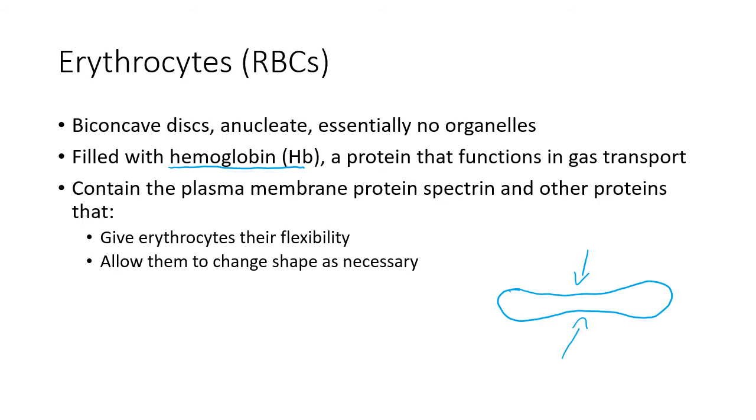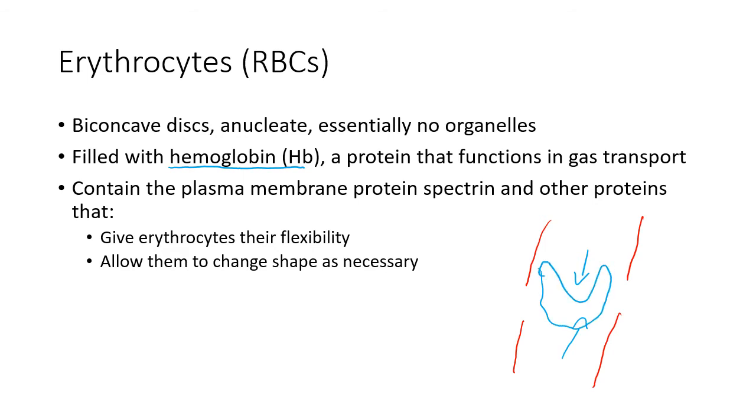These cells need to be relatively flexible. They're going to go through blood vessels that are essentially smaller than they are, so they're going to have to be able to squeeze and fit into that blood vessel. Even though I drew it blue here, they have to squeeze into that blood vessel to be able to get through.